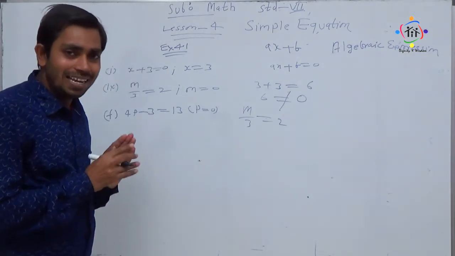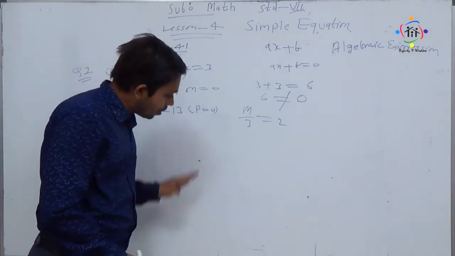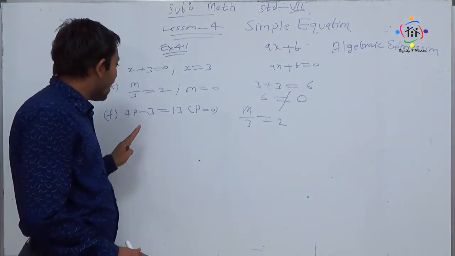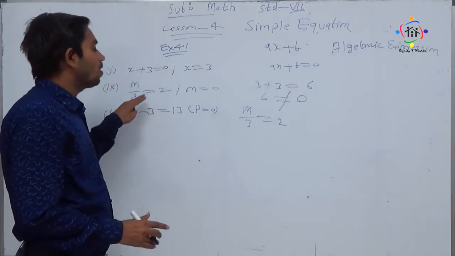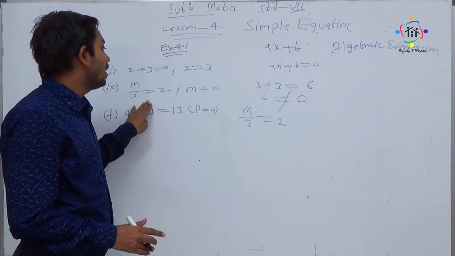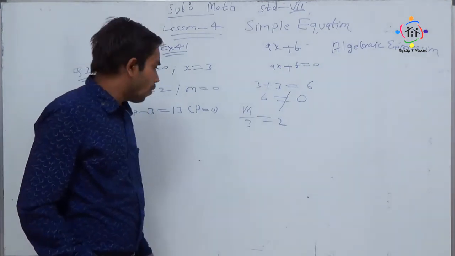Whenever we get LHS equal to RHS by substituting a value of the variable, that means it is a solution and it satisfies the equation. So let us put the value.